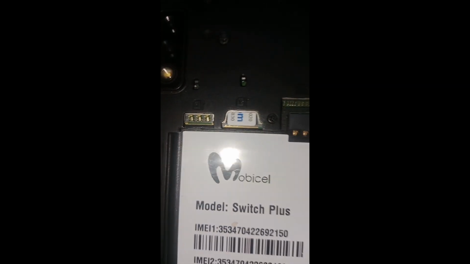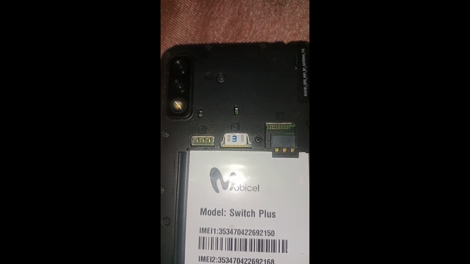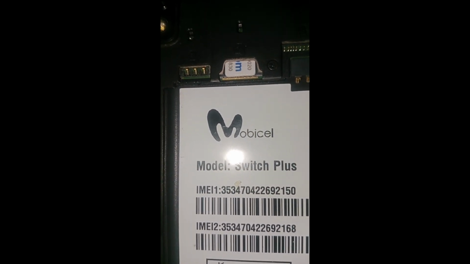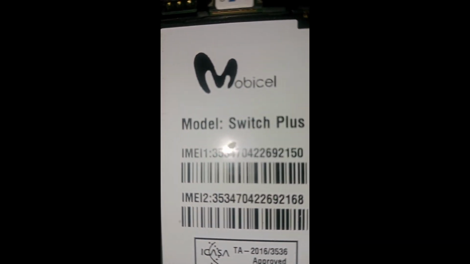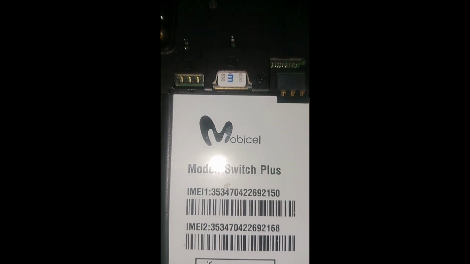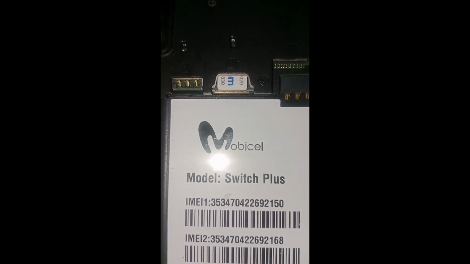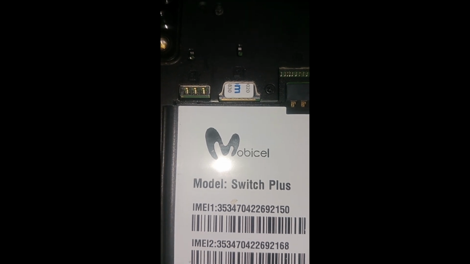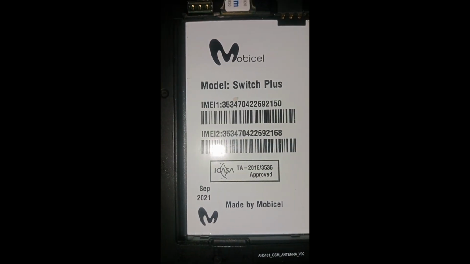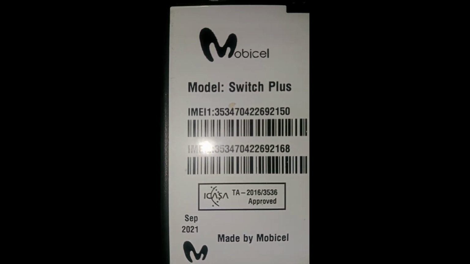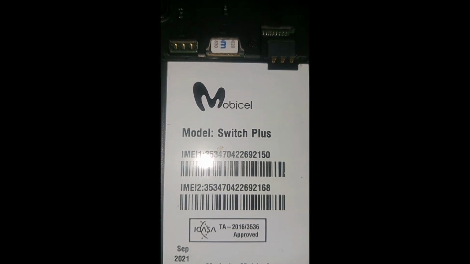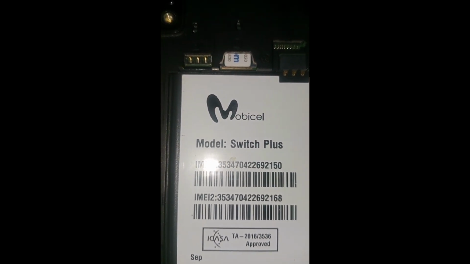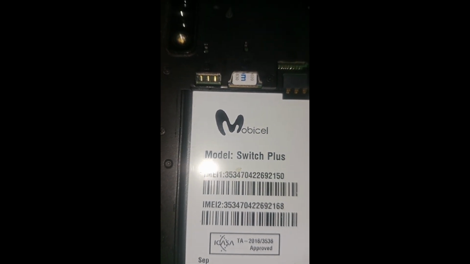So this is one of the Mobicel phones. The name of the model is Switch Plus. The IMEI one number is 353470422692692150. That's number one. IMEI two is 3534704226922168.